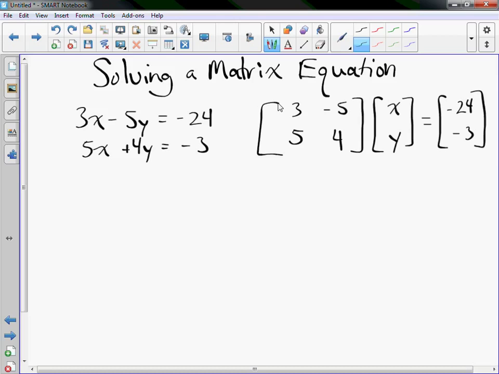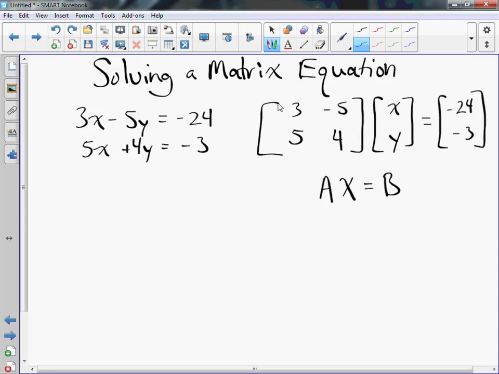So if we were going to solve this, this is another way of writing this. If we were going to solve it like this, where A and B are matrices, if we pretended that A and B were just numbers, we would basically say, well, let's divide both sides by A to get X by itself.